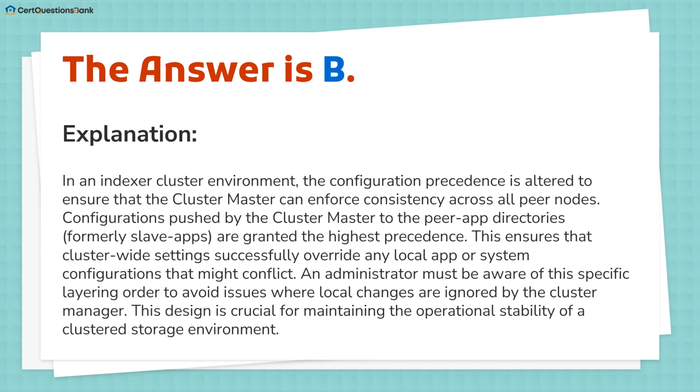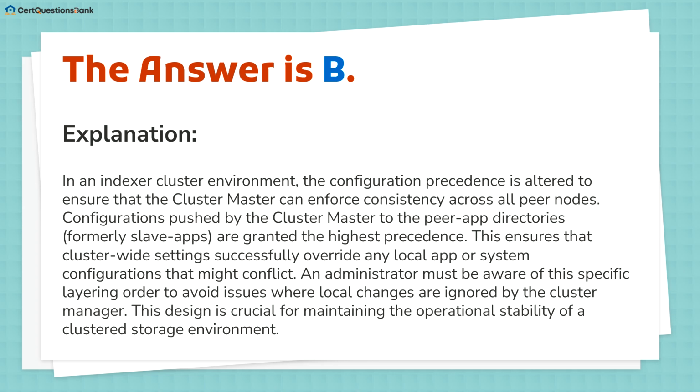The answer is B. In an indexer cluster environment, the configuration precedence is altered to ensure that the cluster master can enforce consistency across all peer nodes. Configurations pushed by the cluster master to the peer app directories, formerly slave apps, are granted the highest precedence.